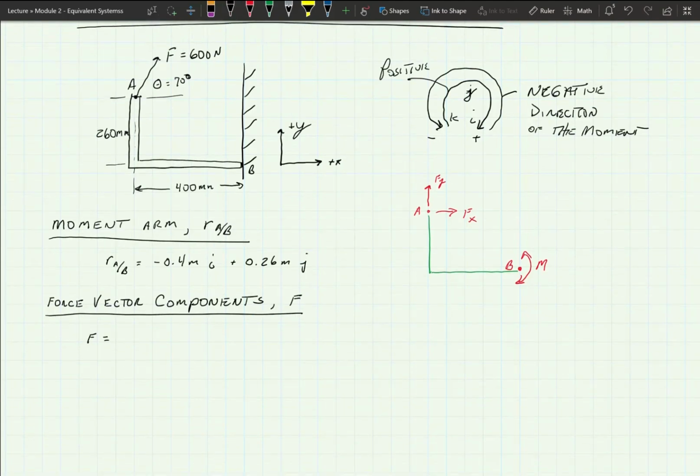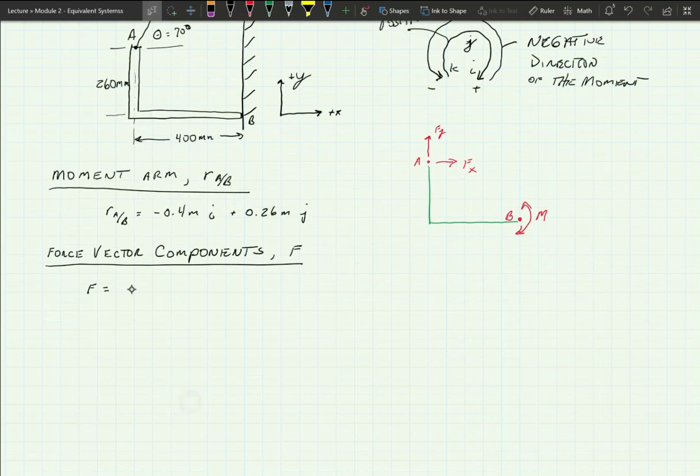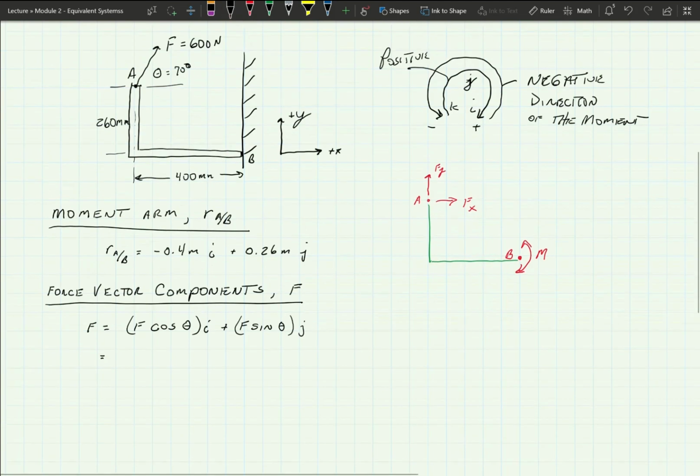Okay, if I'm going to do it right, we're going to do force cosine theta, and that'll be in the I, plus force sine of theta, and that'll be in the J. And really it's just coming out of all the basic trigonometry we did earlier so far in this course. So if you're stuck there, go back and take a look or send me a message and let me know you're confused and still having problems.